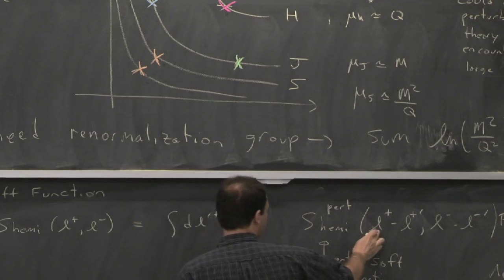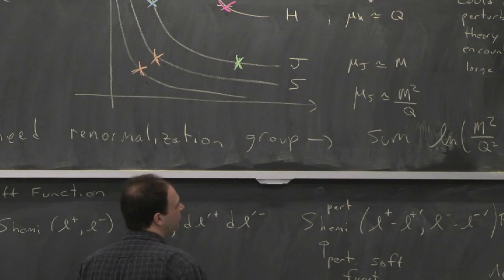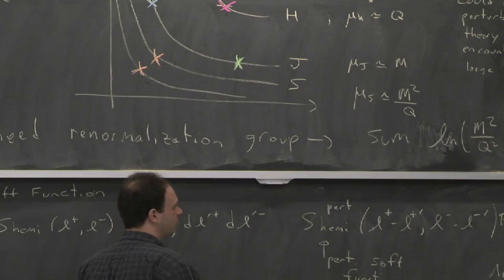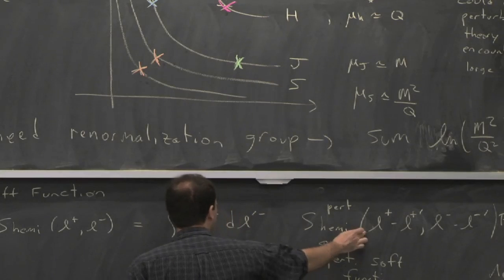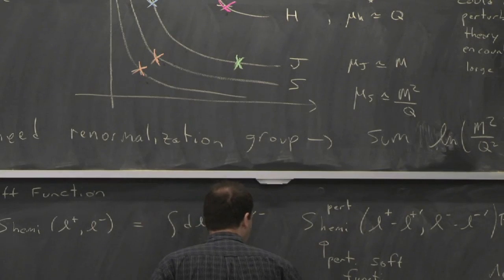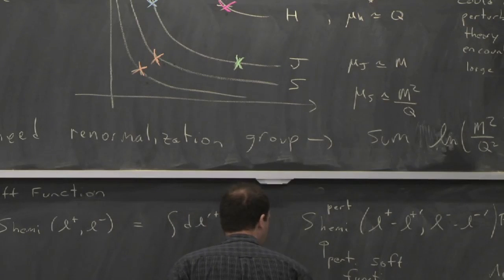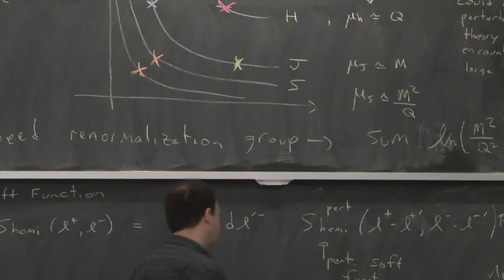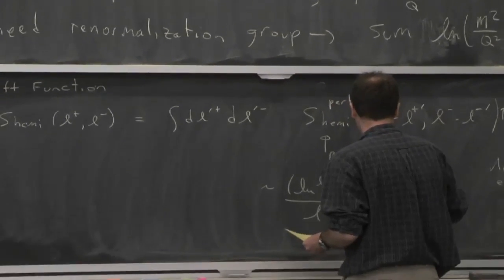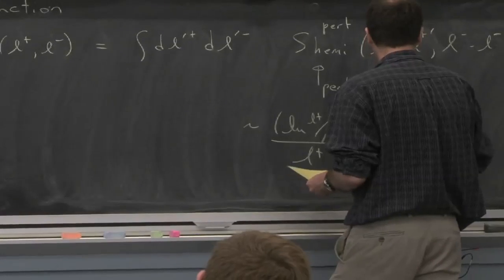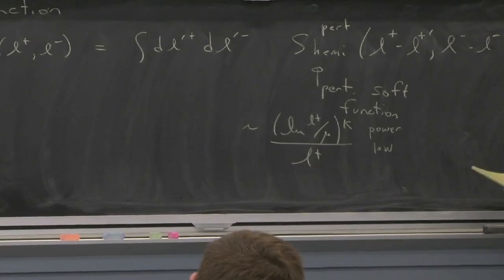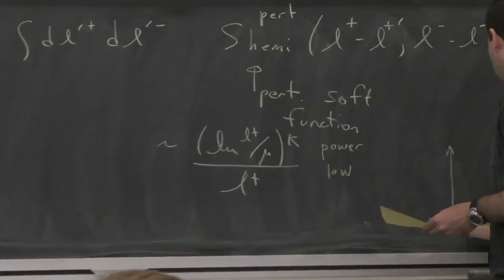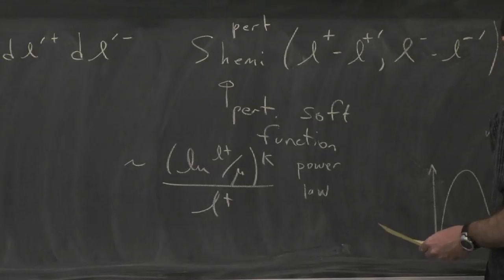And basically, in terms of the L plus, in terms of the momentum variable in this formula, it's giving something that's called a power law tail. So the kind of dependence that you're getting is some logs over an L plus. And that's called the power law, since it goes like 1 over L plus. Whereas these effects here that are non-perturbative live down at non-perturbative momenta, and you can actually prove that they have an exponential tail.